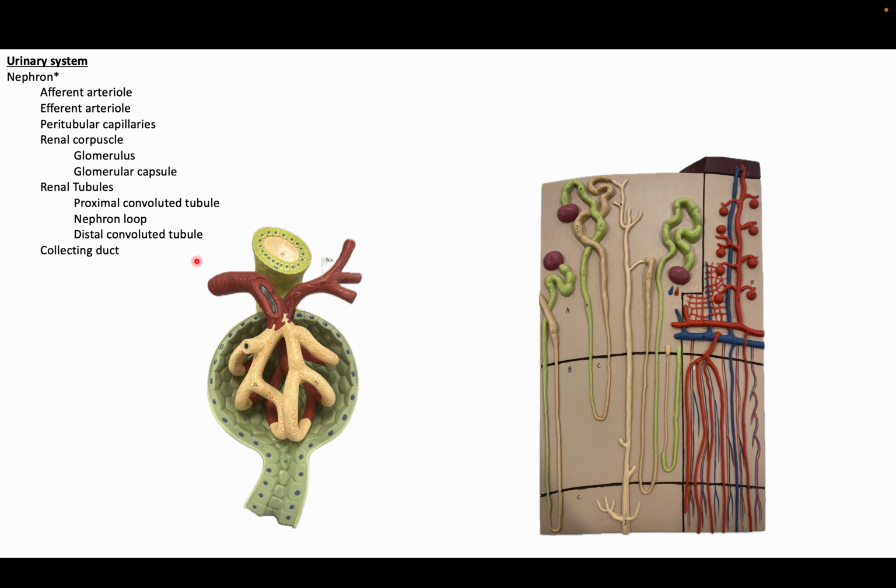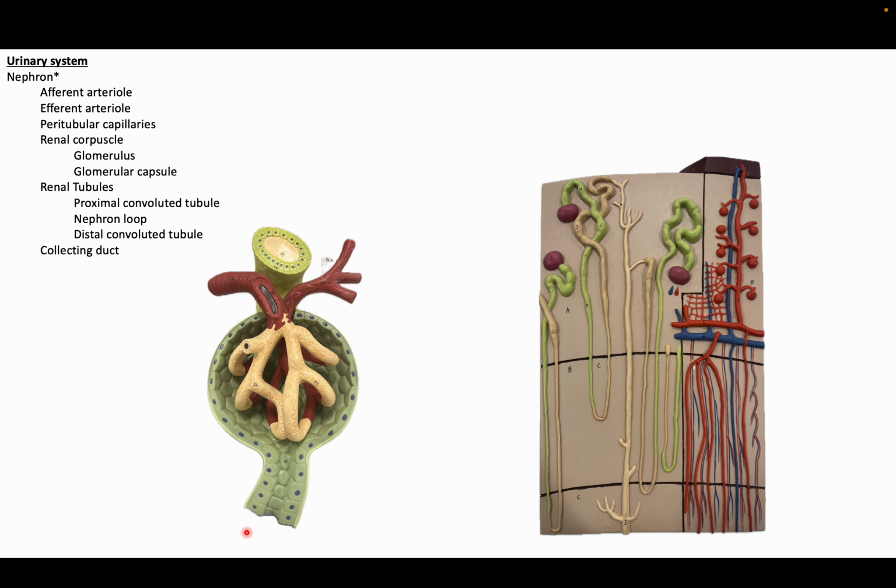When blood comes in to the glomerulus capsule, it comes in via the afferent arterioles. The blood brings along with it a lot of fluid. Some of the fluid gets filtered out, and so it's going to go through here. Anything that doesn't get filtered out will then go back into your body via the efferent arterioles.